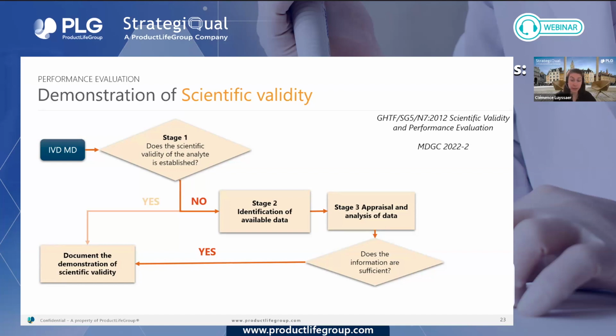Once the data have been identified, their relevance to demonstrate the link between the analyte and the clinical condition need to be appraised and analyzed. By relevant, we mean data that demonstrate the link between the analyte and the clinical condition on the target population and corresponding to the device destination.